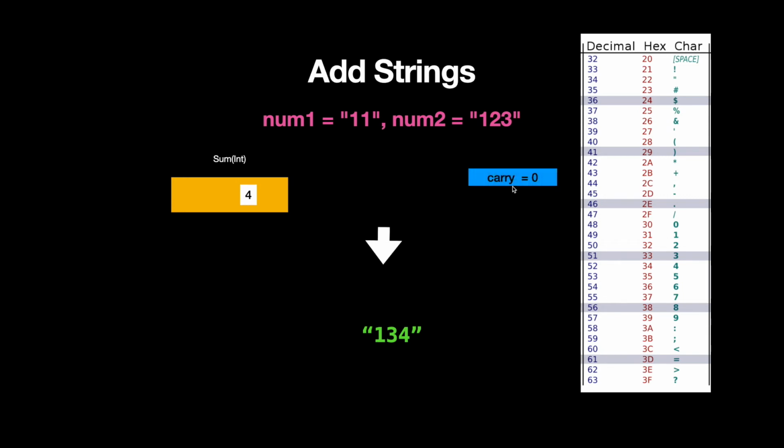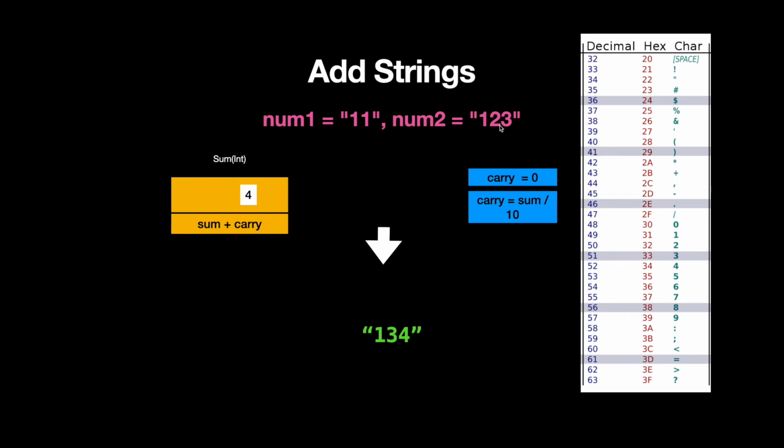Initially carry would be 0, and based on our sum, if it was 16, we will deduct the sum by 10, and then we will have our carry forward. So for our example 16, the carry would become 1, and in the next loop we will be adding this carry also.